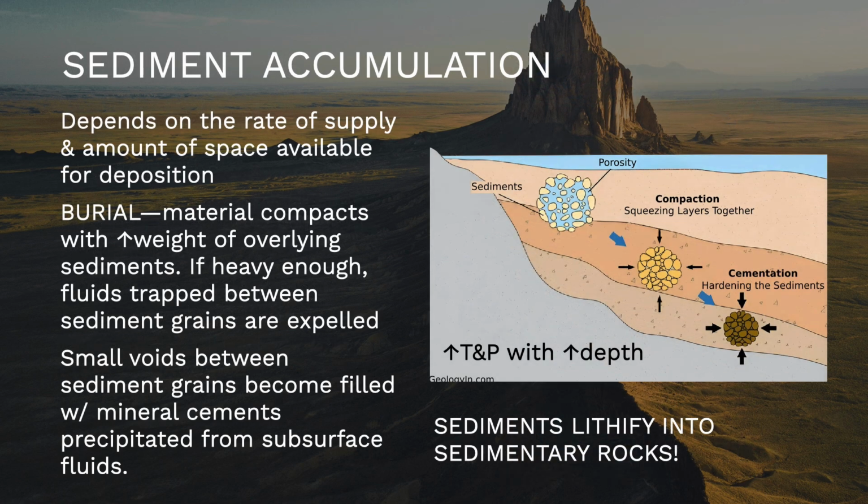So, right, we have our weathering that's removing materials and our erosion that's removing materials. Now, the last part of this is sediment accumulation. Sediment accumulation depends on the rate of supply of those materials and the amount of space that's available for deposition.